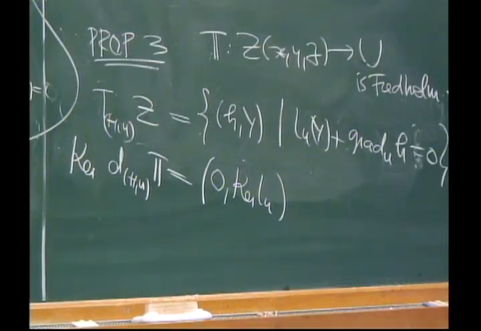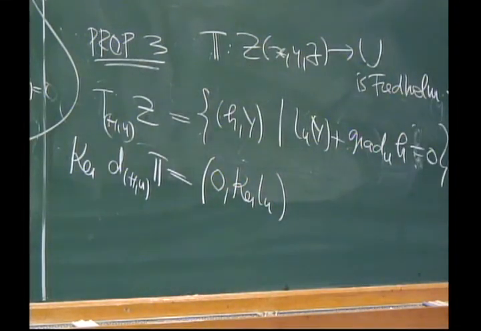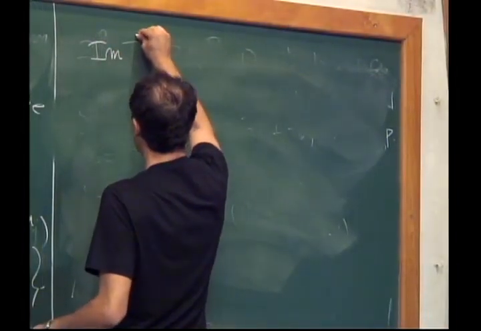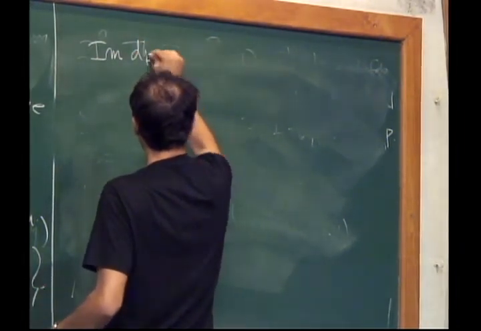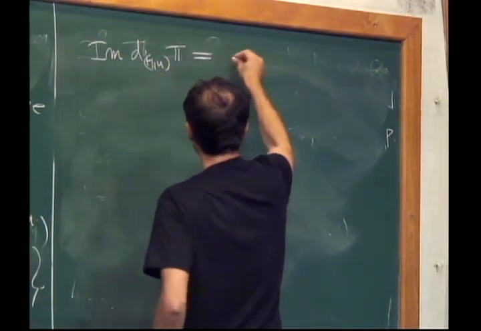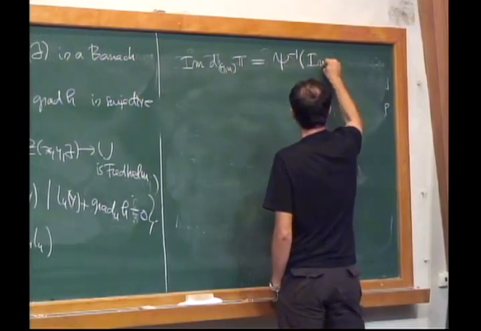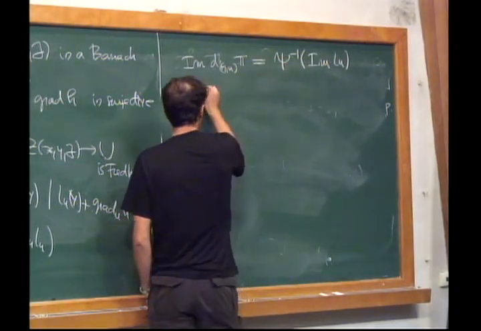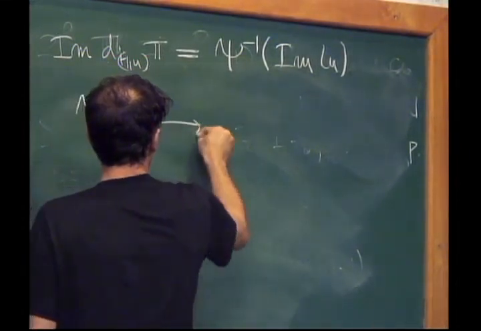Okay, and the image of d pi, you can show that it has a relation with the image of L_u. It's exactly given by this relation where psi is the application h.